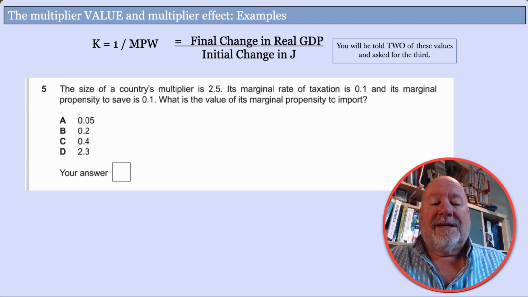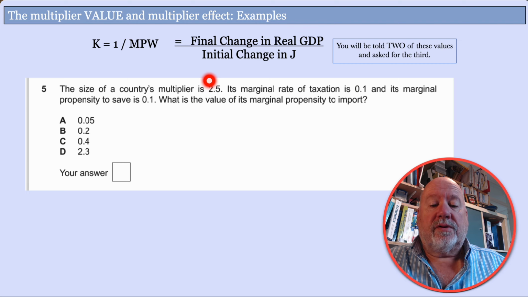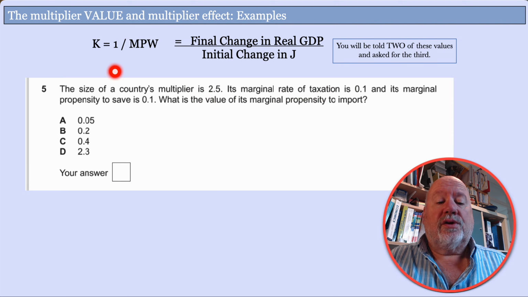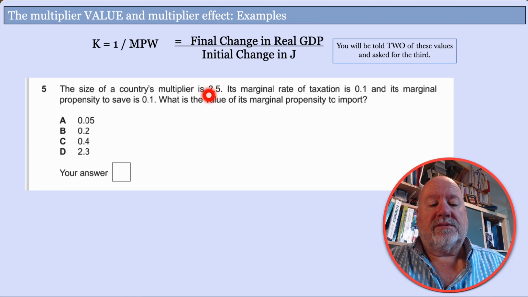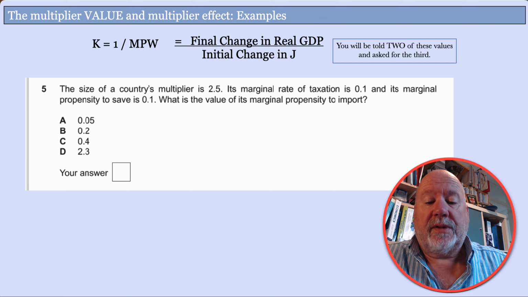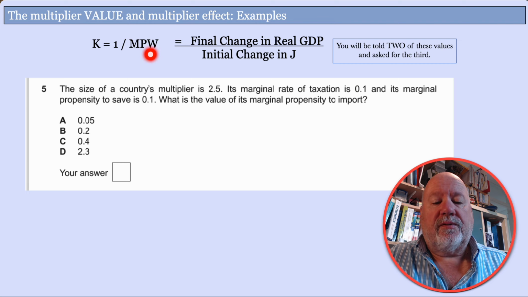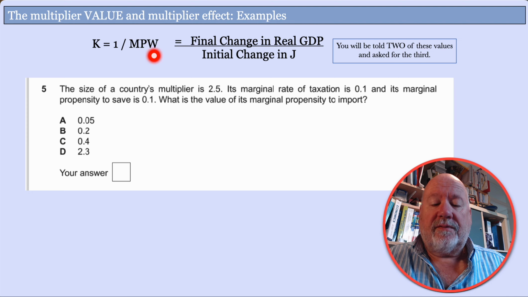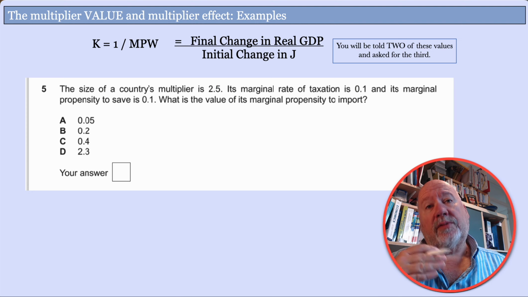Last question: the size of the country's multiplier is 2.5. So we know K is 2.5, and then it gives the marginal rate of tax, savings and imports. So we know that if that country's multiplier was 2.5, 1 divided by what gives me an answer of 2.5, and the answer is 0.4. However, 0.4 is the MPW, so be careful here. I know that the MPW is made up of those 3 withdrawals.